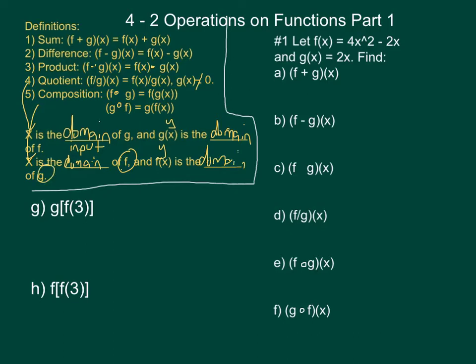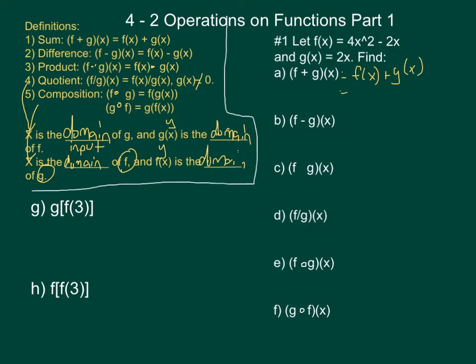Alright, so let's see this all in action. I've given you two functions up here in the upper right hand corner. 4x squared minus 2x is f of x, and g of x is just 2x. So find f plus g of x. That means to take f of x and add it to g of x.